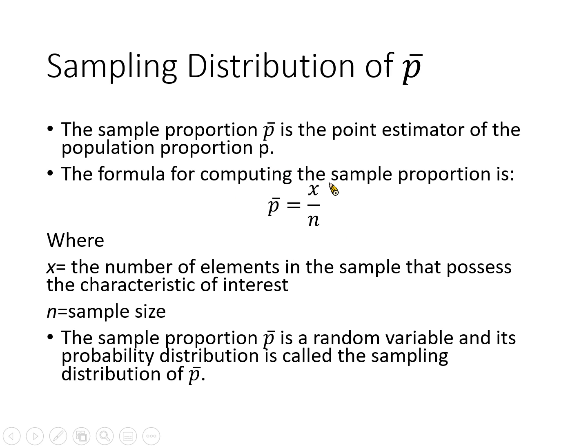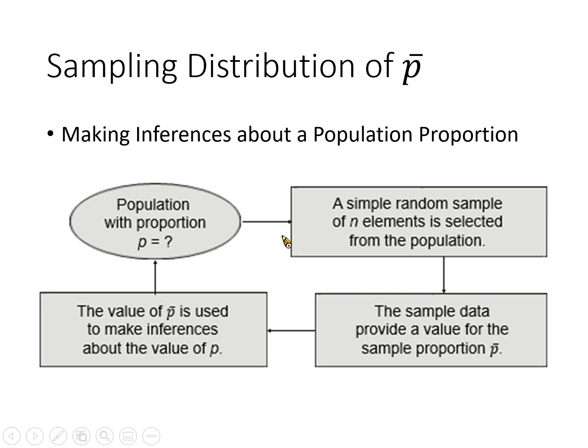So you can calculate the proportion in your sample. In this way, we can use the sampling distribution to make inferences about the population proportion.